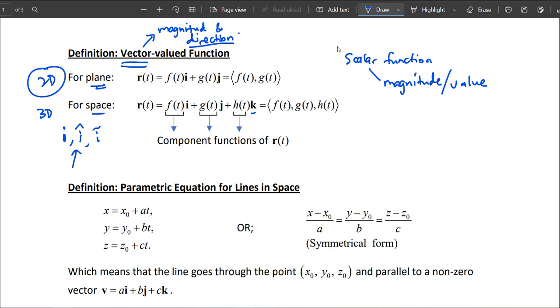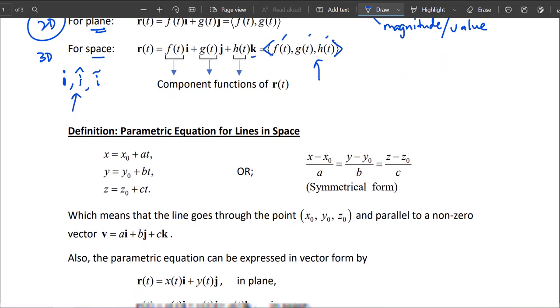We can also rewrite the function in brackets only as ⟨f(t), g(t), h(t)⟩, where f, g, and h are the component functions of r(t). In this way of writing, we just write the components without writing the vectors, so you know this is for i, j, and k.